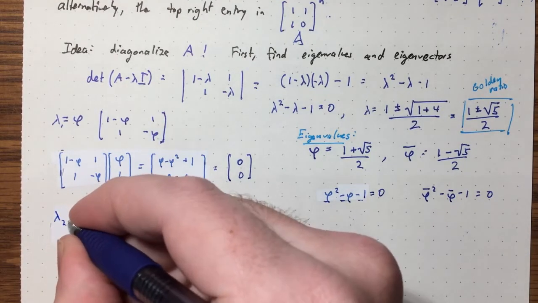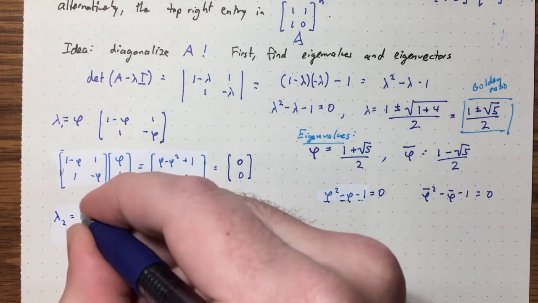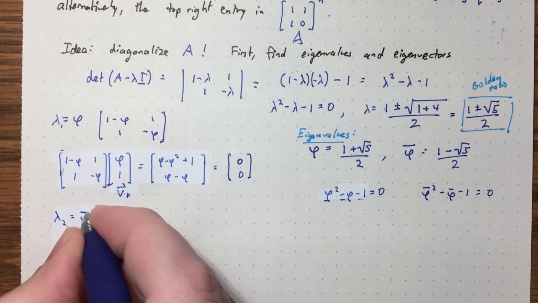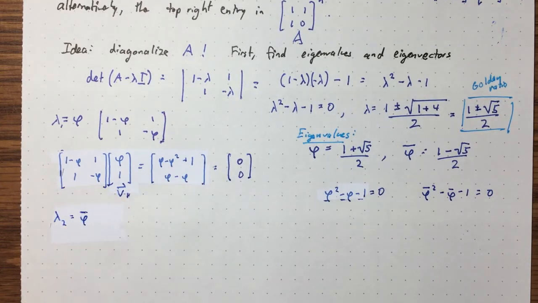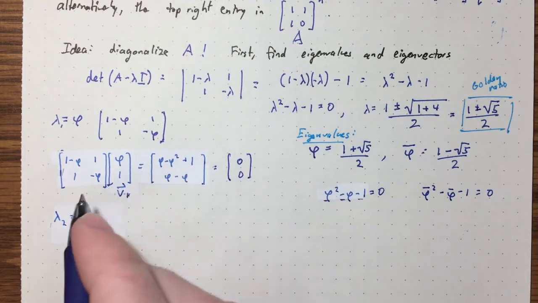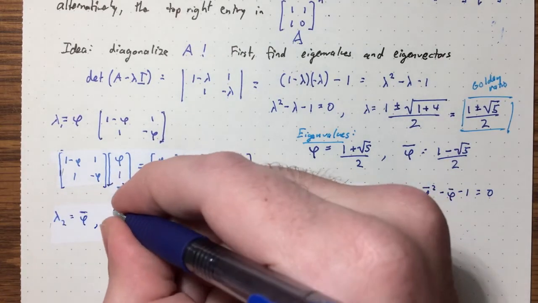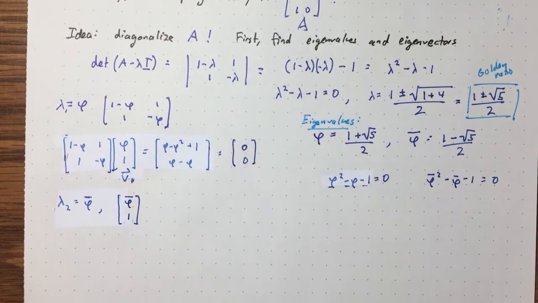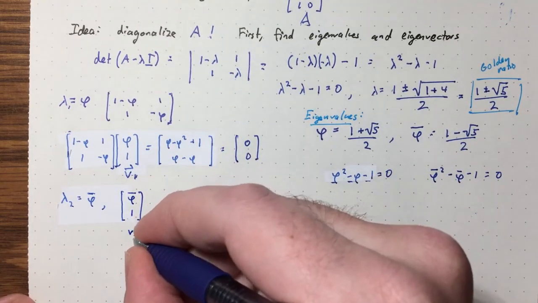Similarly, here's my second eigenvalue. But you can basically just deduce immediately that, by the same logic, this should be an eigenvector as well. Okay, so this is going to be my V2.